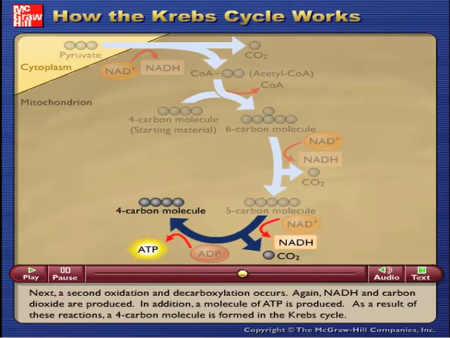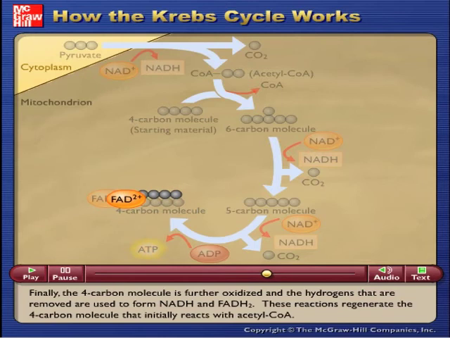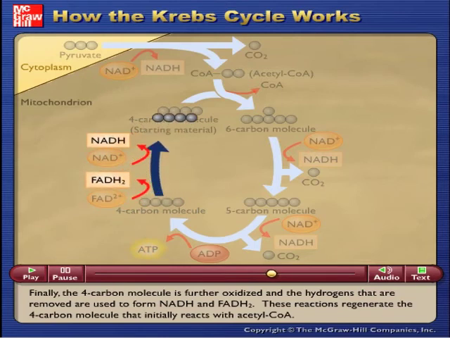In addition, a molecule of ATP is produced. As a result of these reactions, a 4-carbon molecule is formed in the Krebs cycle. Finally, the 4-carbon molecule is further oxidized and the hydrogens that are removed are used to form NADH and FADH2. These reactions regenerate the 4-carbon molecule that initially reacts with acetyl-CoA.